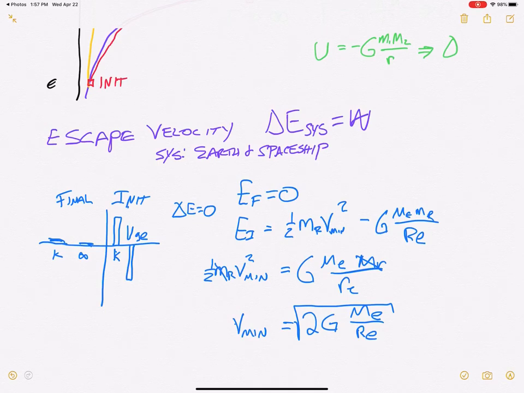So this is the simplest way of putting it. This is the velocity you would need to leave the surface of the Earth and hit a point where there's no more force pulling you back from anywhere else. So it's just the Earth and the spaceship system.